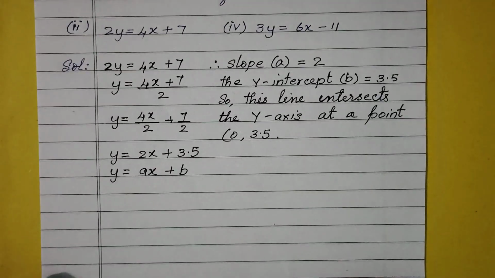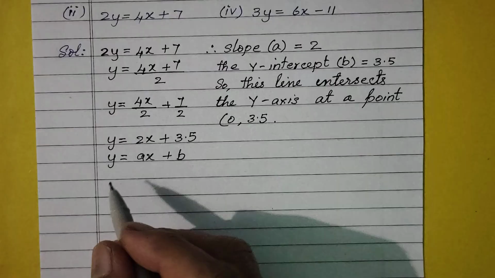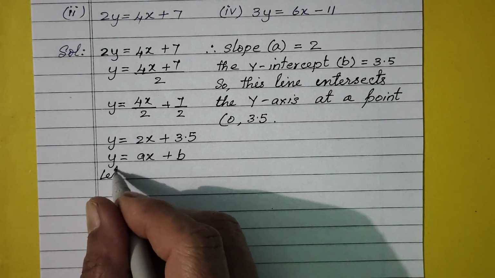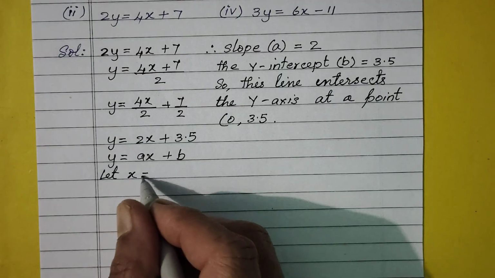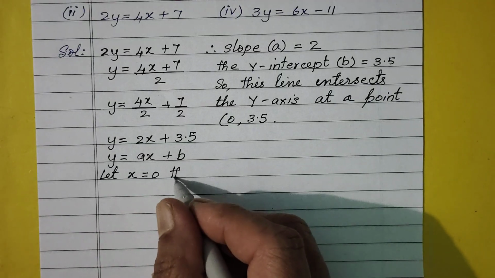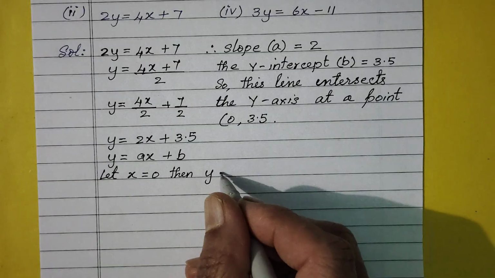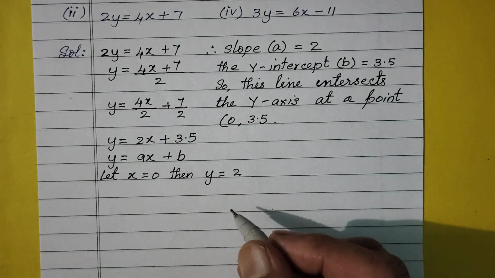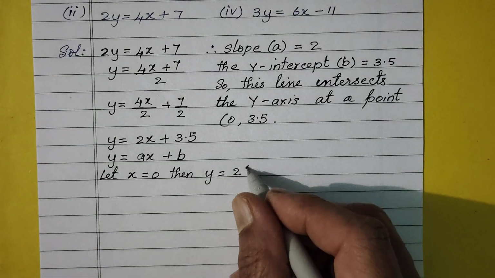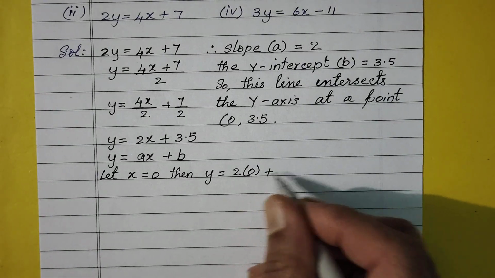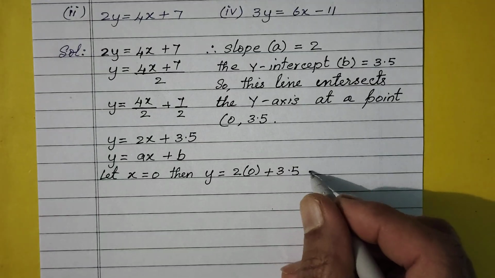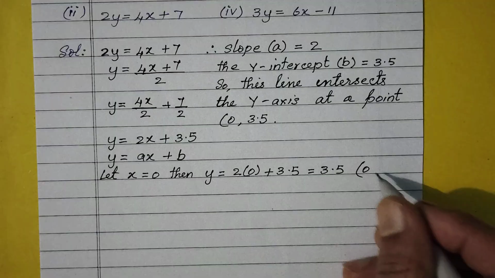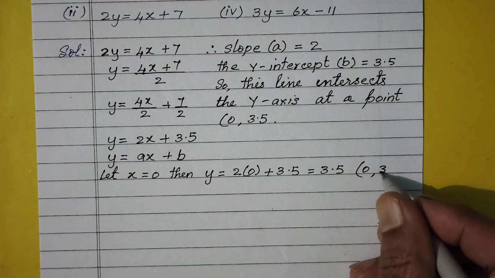Now we will try to draw the graph of this. So let x be equal to 0, then y will be equal to 2 into 0 plus 3.5, that's equal to 3.5. So x coordinate is 0 and the y coordinate is 3.5.